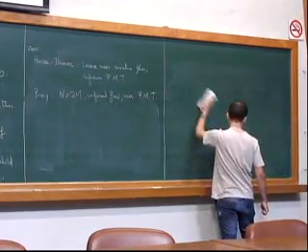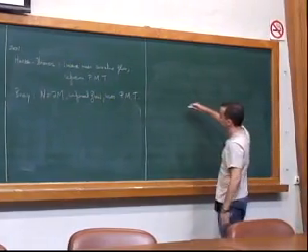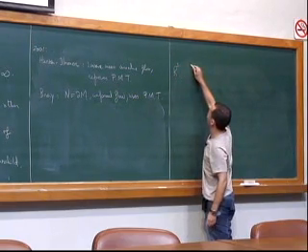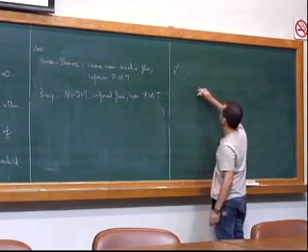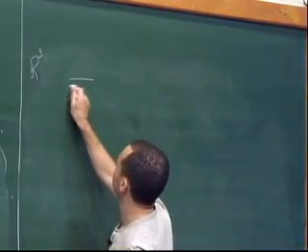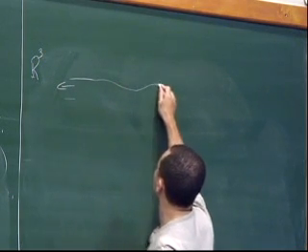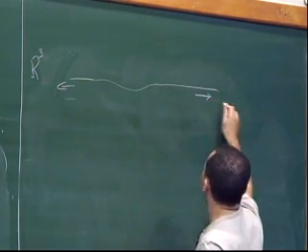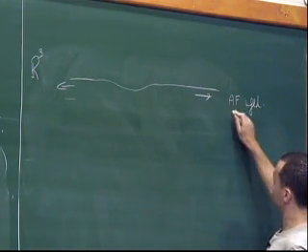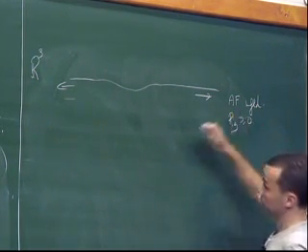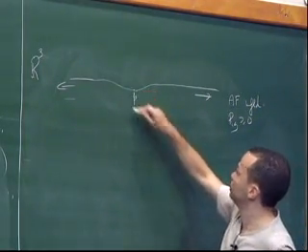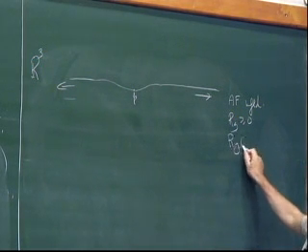You can start with, for example, R3 with any asymptotically flat manifold with no negative scalar curvature, but such that the scalar curvature is strictly positive at some point. Let's say this P is a point where the scalar curvature is positive.